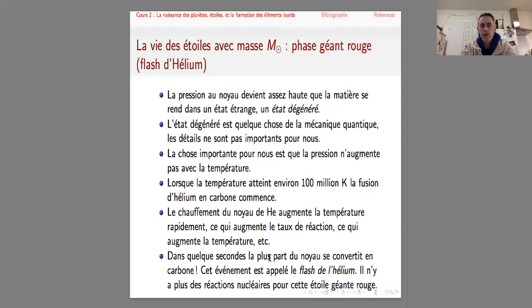So remember, if we're talking about the sun here, this will happen for the sun in several billion years. It will have taken 10 billion years to produce all that helium in the core or central region of the sun.